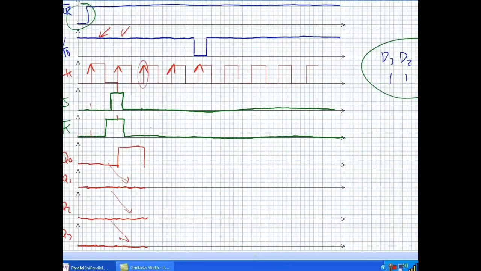Next clock pulse comes along, this guy right there, Q0's 1 is shifted to Q1, and so on and so forth. Next clock pulse comes along, which is this guy, and by the way, there was no J and K input on that one. It's shifted again. Making sure I'm accurate here.